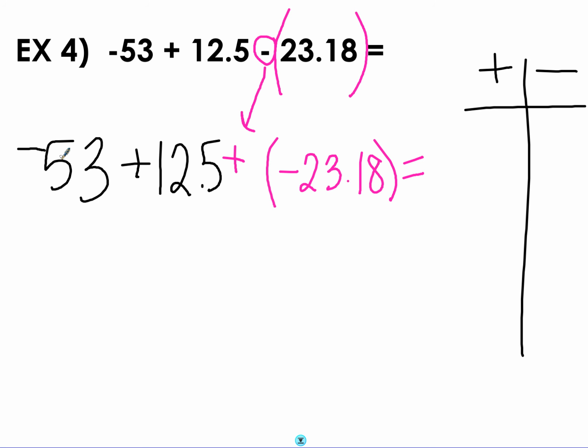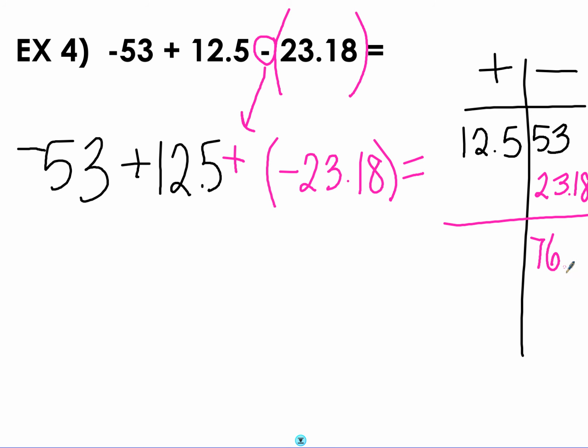So I have 53 points for the negative team. I have 12.5 points for the positive team, and then I have another 23.18 points for the negative team. Now, when you have many points on a team, you're going to have to figure out how many points they have in total. So I have 76.18 points, okay?